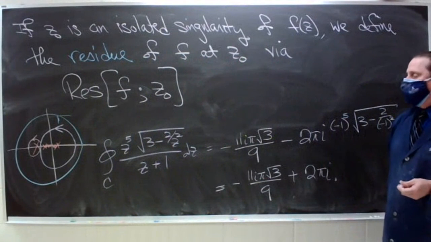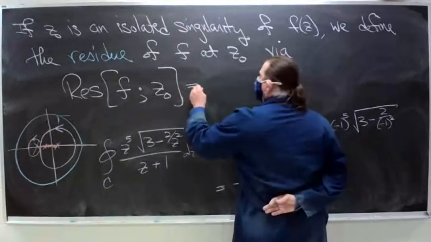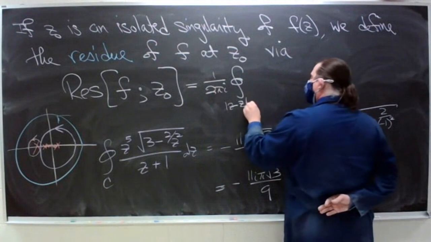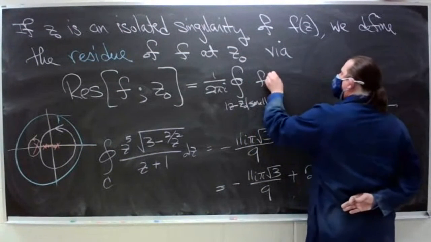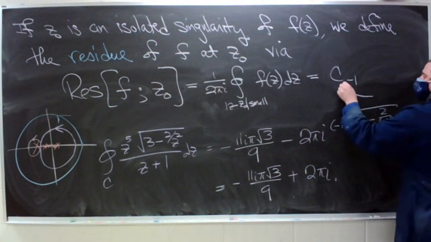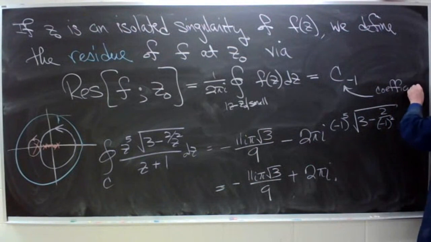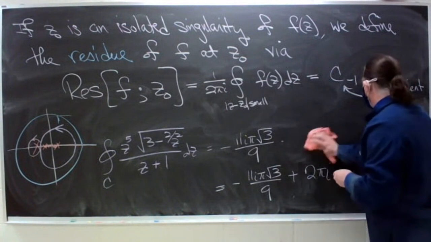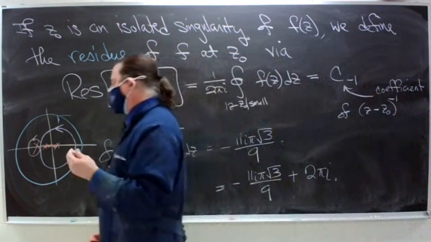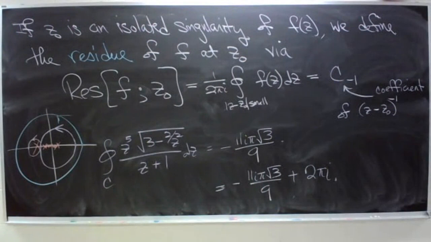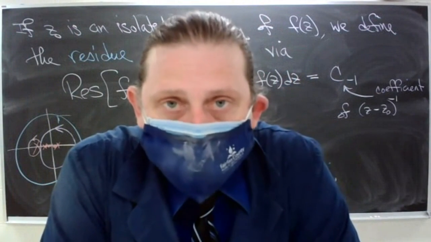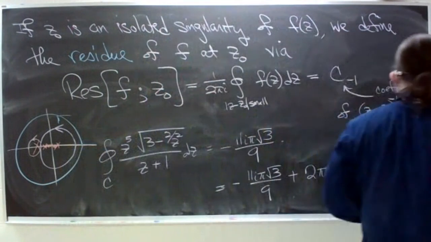We'll write it like this: residue of f at z naught is equal to c negative 1, which is the coefficient of z minus z naught to the negative 1 in the Laurent series that converges in a punctured disk. It has to be the correct Laurent series.